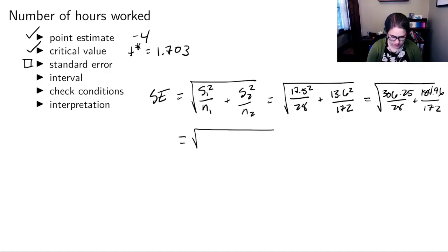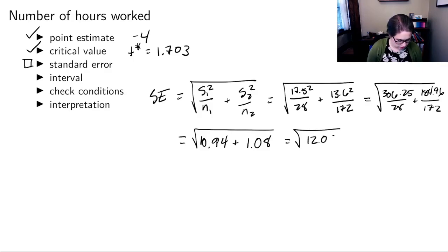That'll be 10.94 all round plus 1.08 all round. So that'll be a square root of 12.02 or 3.47 all round. That's our standard error. We've got that. Now we're going to do the interval.